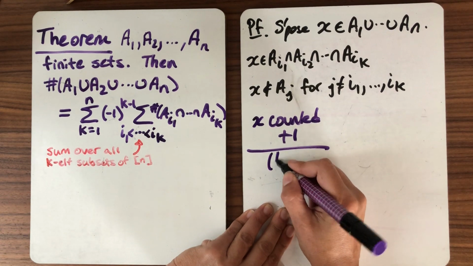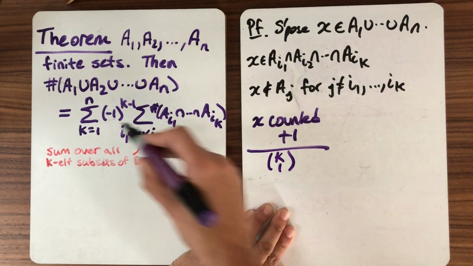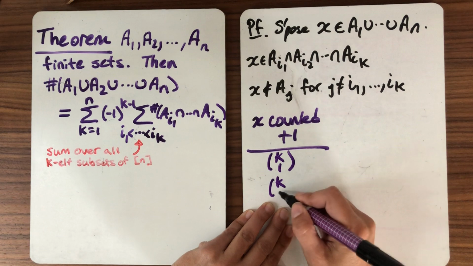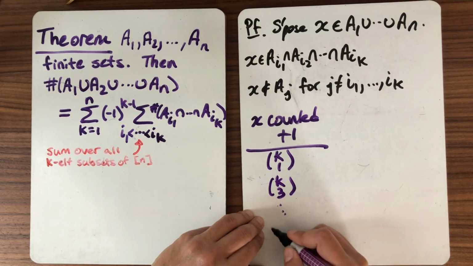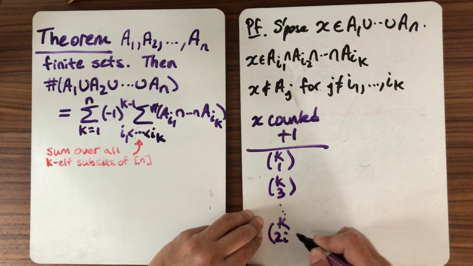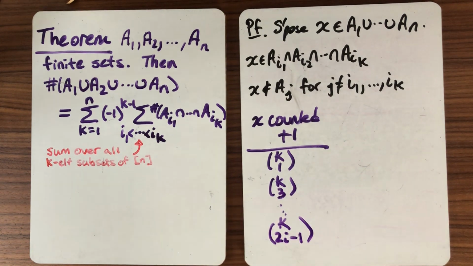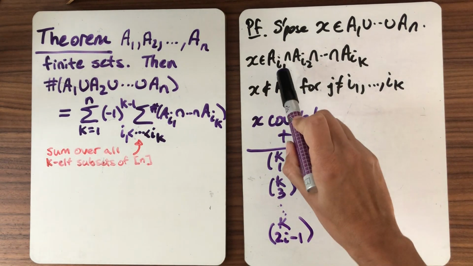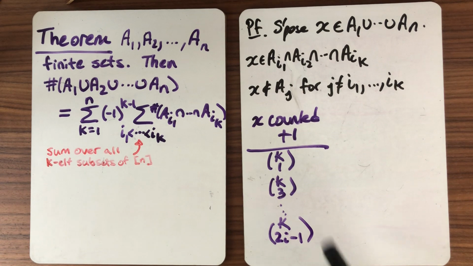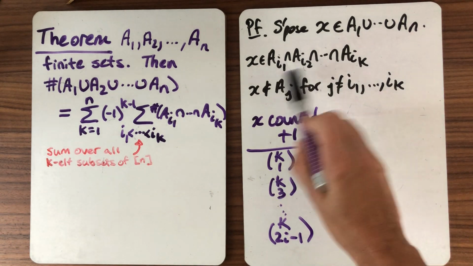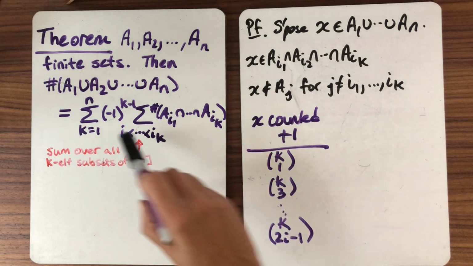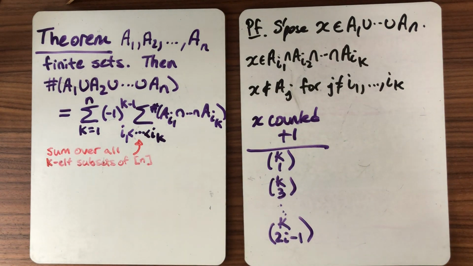So that's k choose 1. If I take any one of these sets, it'll be positive. Also, when you take 3, and in general, any 2i minus 1. Every time I take an odd number of them, any combination of an odd number out of the k total, I'm going to count x in this formula with a positive sign.